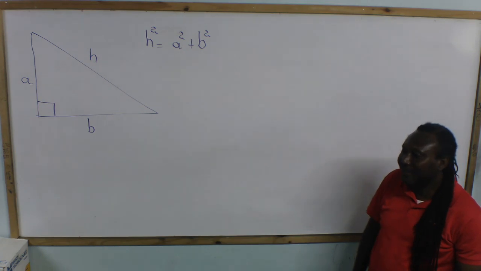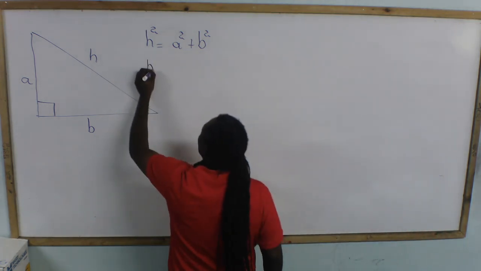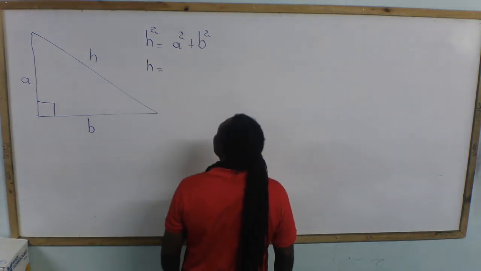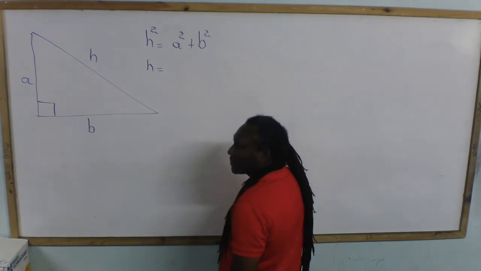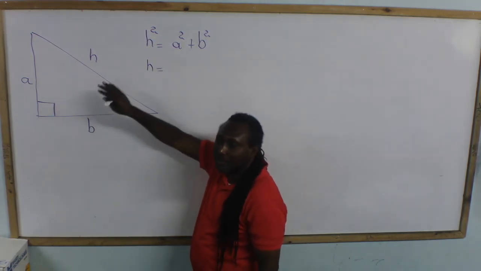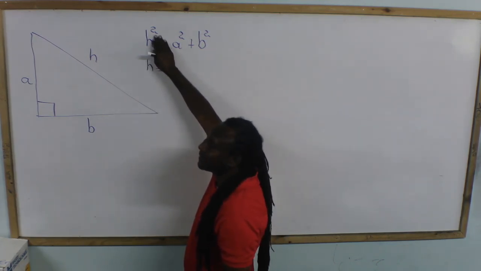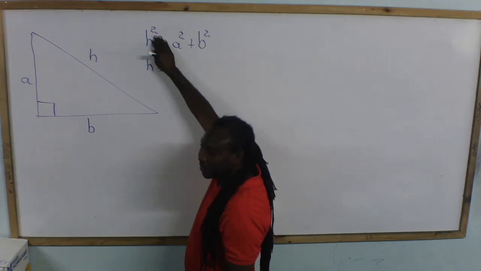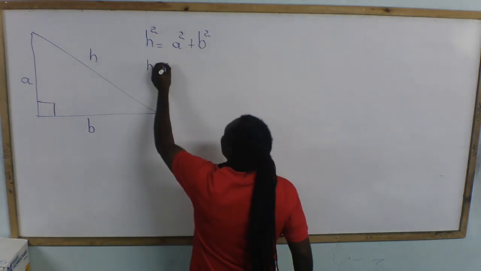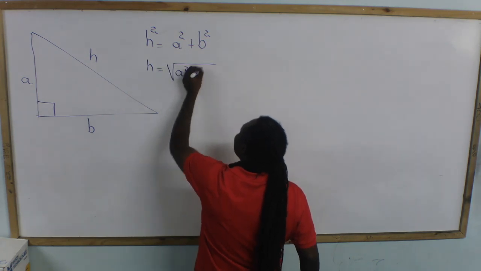h squared is equal to a squared plus b squared. So what is h equal to? Because we are making h the subject of the formula, which is squared, we need to eliminate this square by taking the square root of both sides.